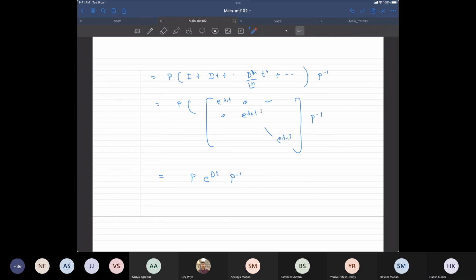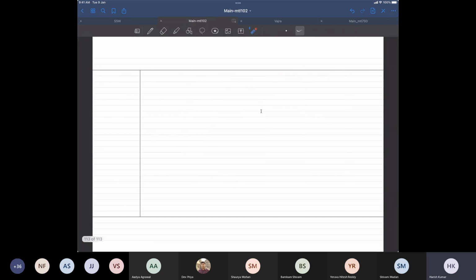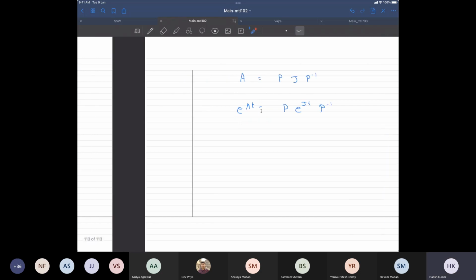How would you do the same process? If A is equal to P J P inverse, then the exponential of At will be P e^(Jt) P inverse. Now here this thing is exactly this thing.